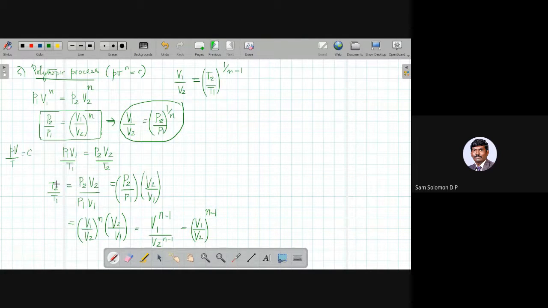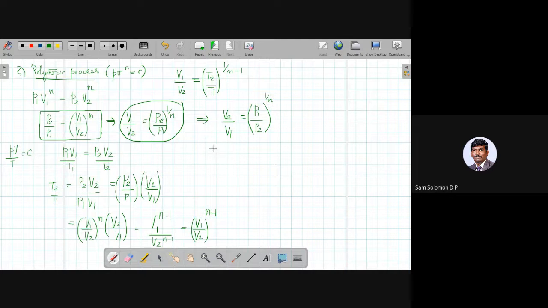If you want the relationship between temperature and pressure, instead of substituting for P2 by P1, you can substitute for V2 by V1 over here. And here you have V1 by V2, and so you can write this as P1 by P2 whole to the power n. Okay. So here you have V1 by V2. And if I interchange and write this as V2 by V1, you will have P2 by P1 whole to the power 1 by n.